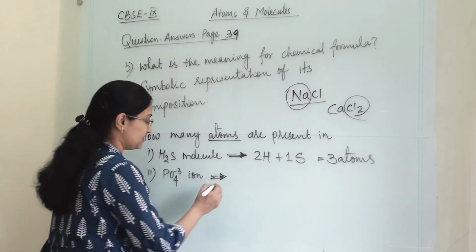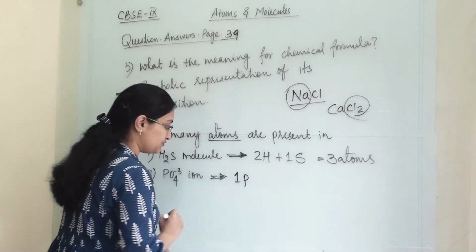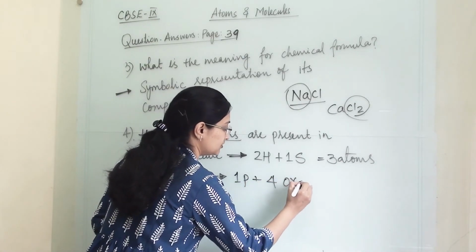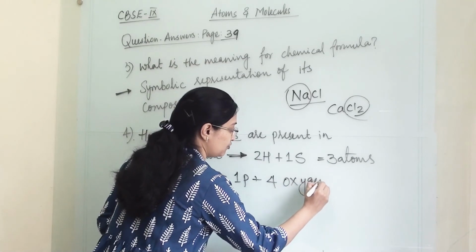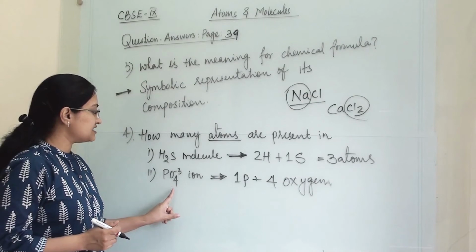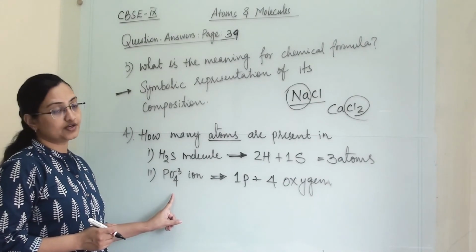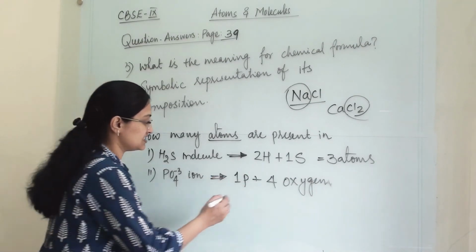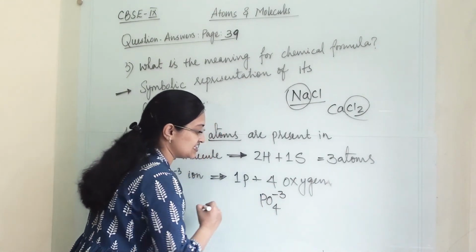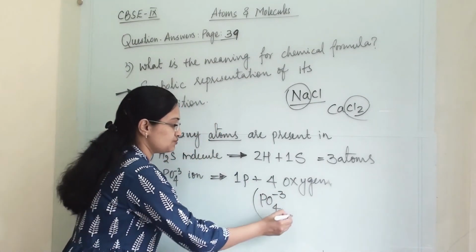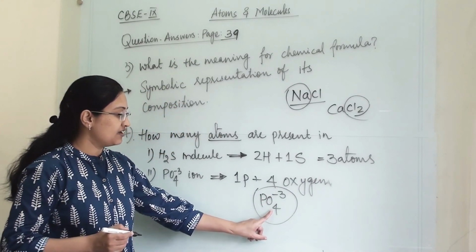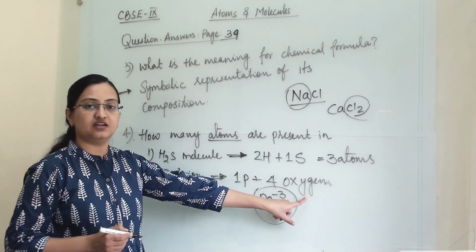In this, 1 phosphorus and 4 atoms of oxygen are present in this one particular ion. So it is PO4 and its valency is minus 3. So this is a polyatomic ion, the phosphate ion, in which 1 phosphorus and 4 atoms of oxygen are present.